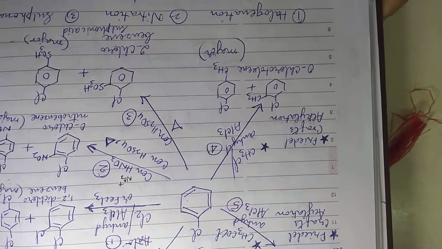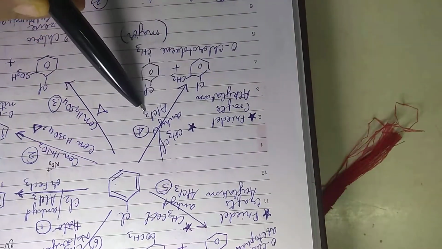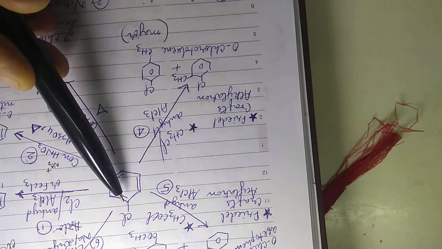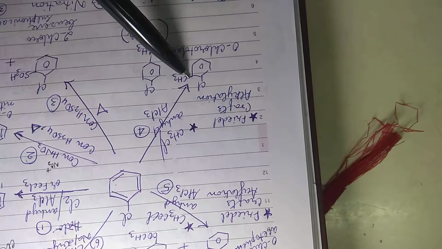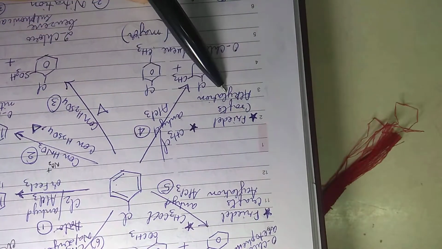Then if it is subjected to CH3Cl in the presence of AlCl3, this is called Friedel-Crafts alkylation, when CH3 is attached to ortho and para position. Okay, so this is Friedel-Crafts alkylation.